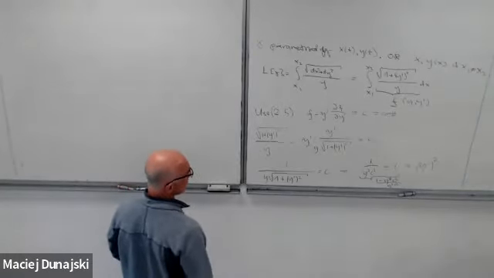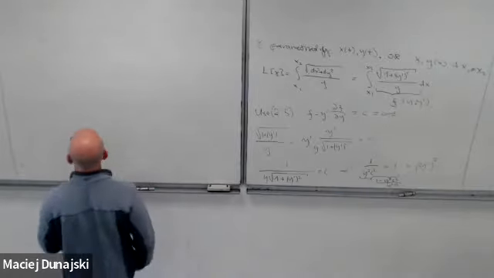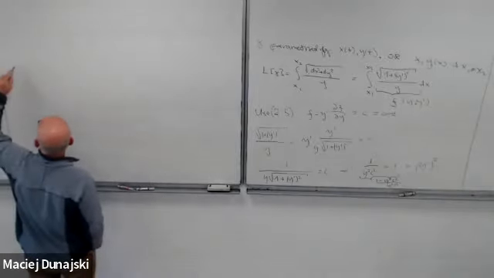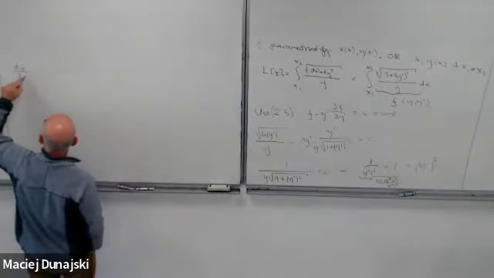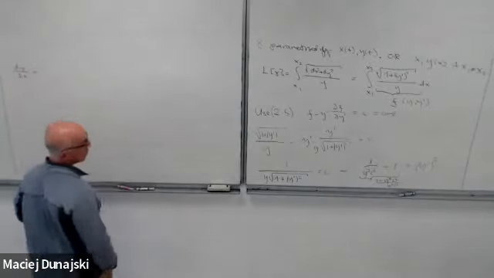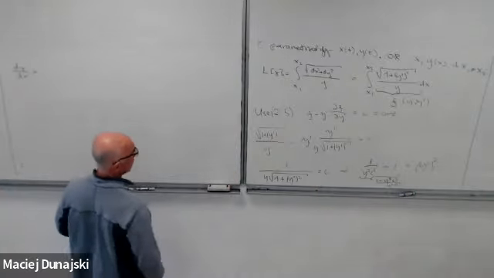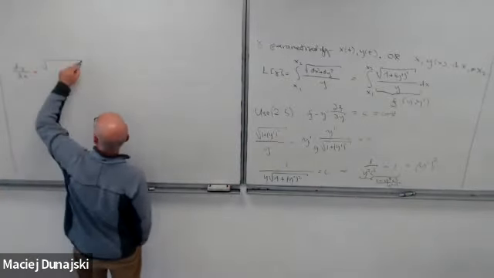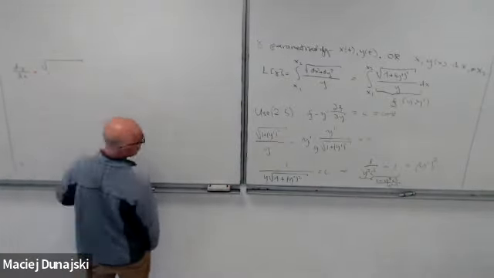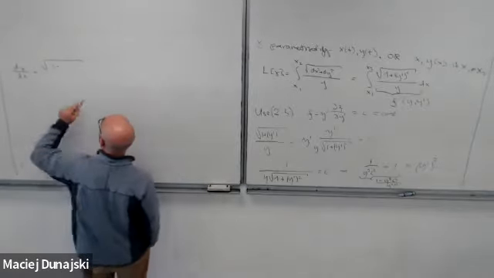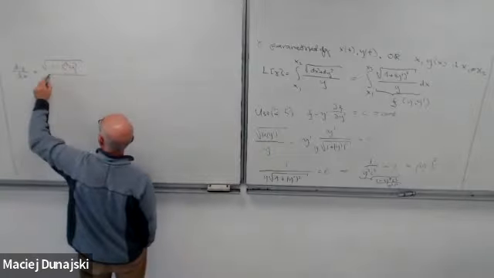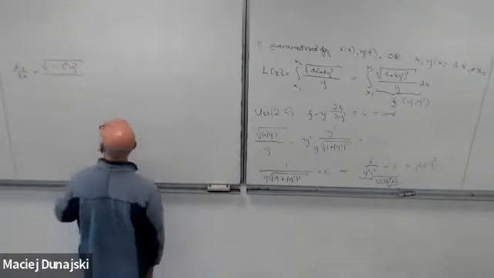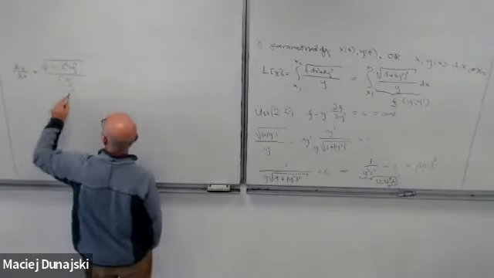So dy by dx equals the square root of 1 minus c squared y squared divided by cy.